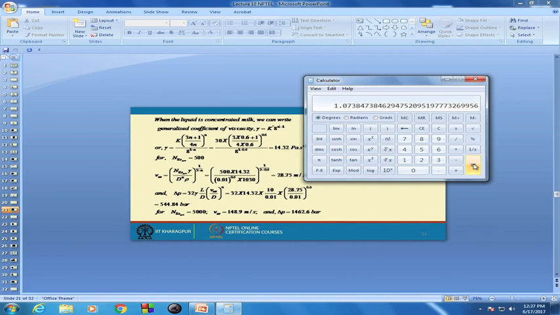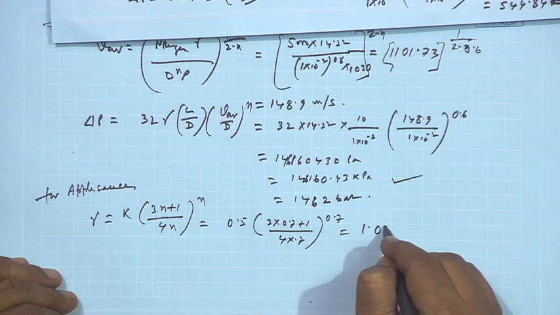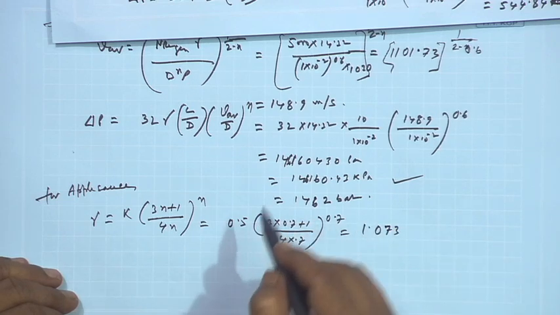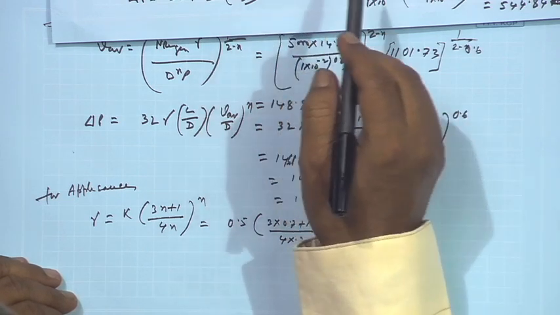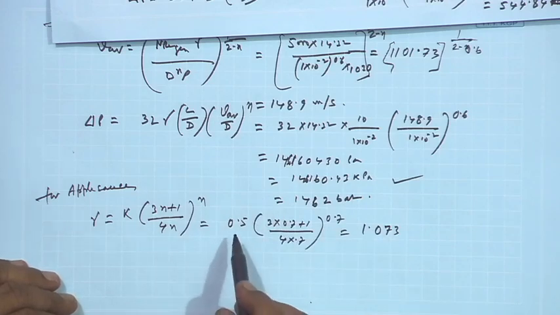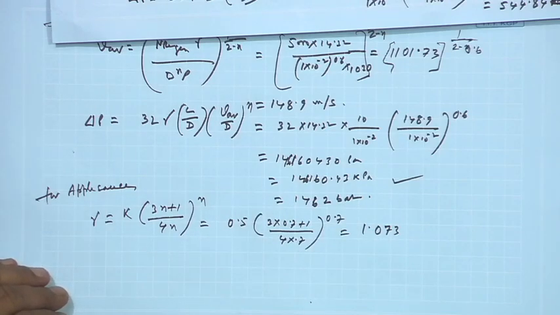Earlier it was 14 point something, now it is 1.073, because earlier the value of K was 30 and now the value of K is 0.5.